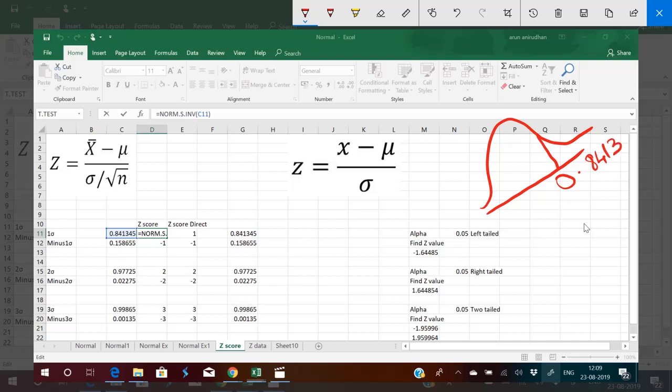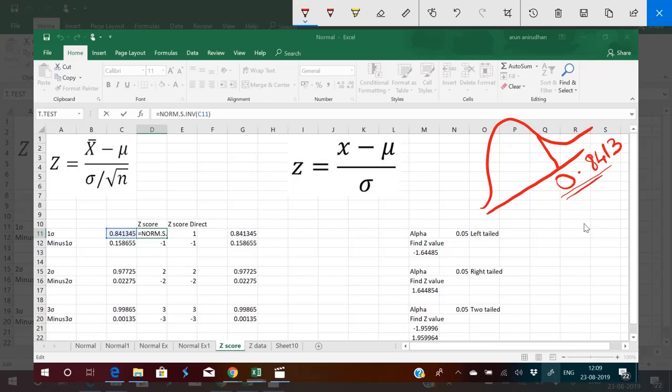So what is the z value? You have the p value and you want the z value of that z-score. So you use the function NORM.S.INV and you give this probability value. Okay, that's how you use this.